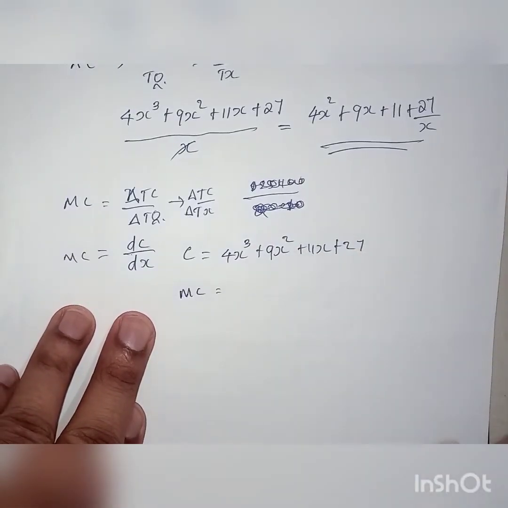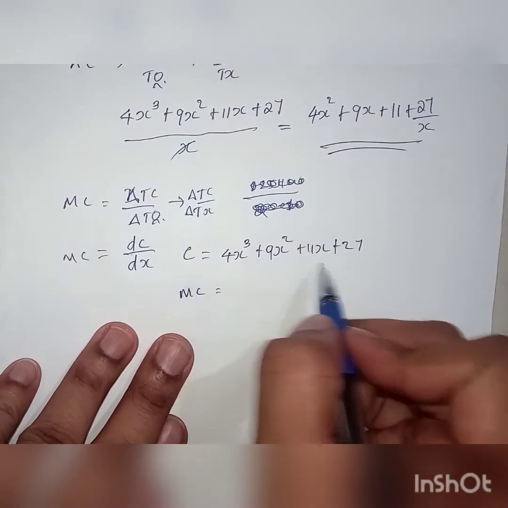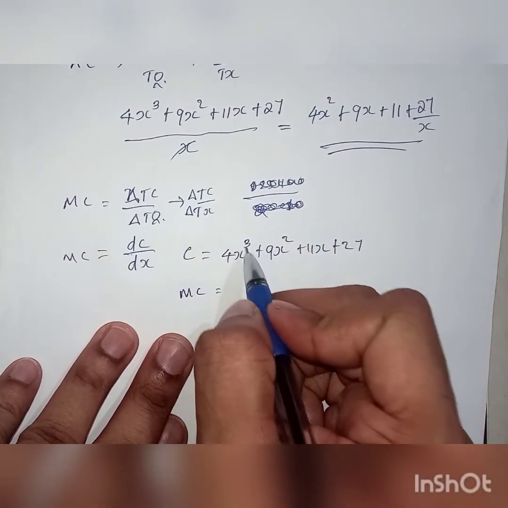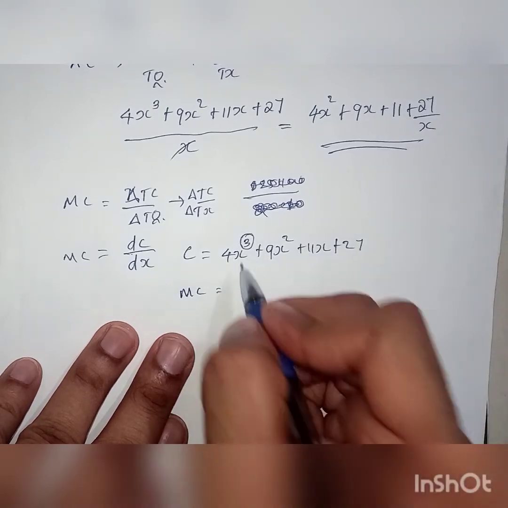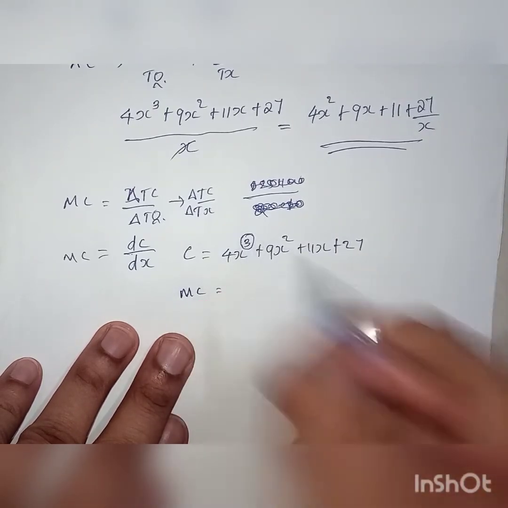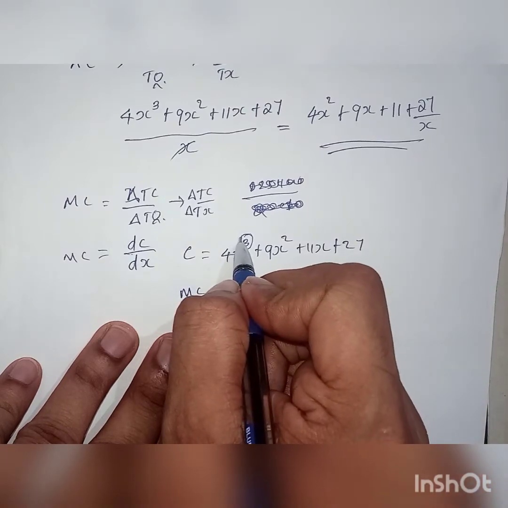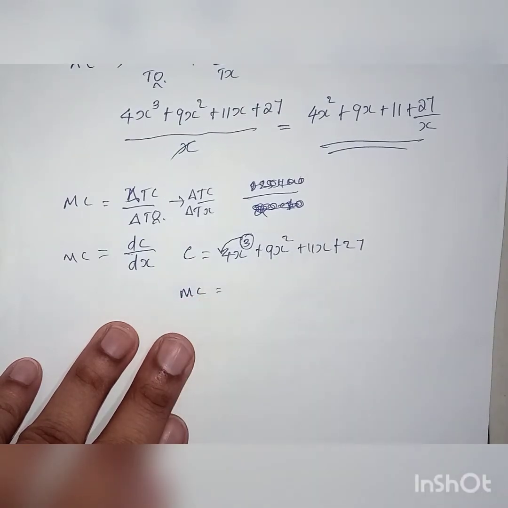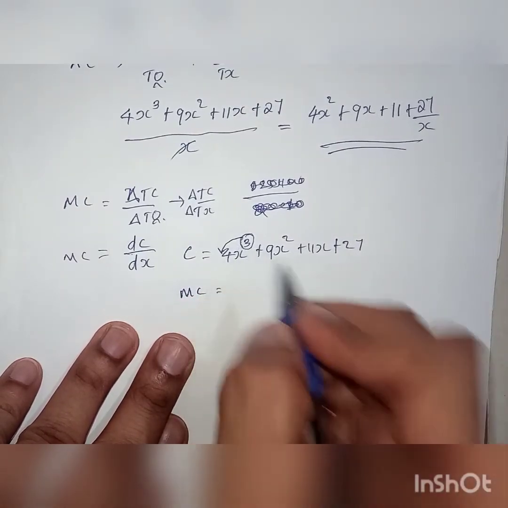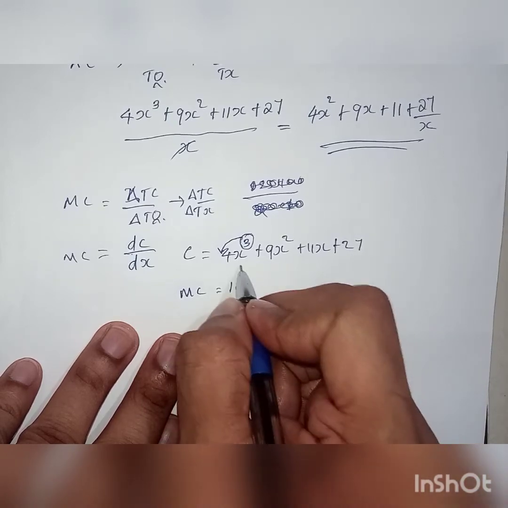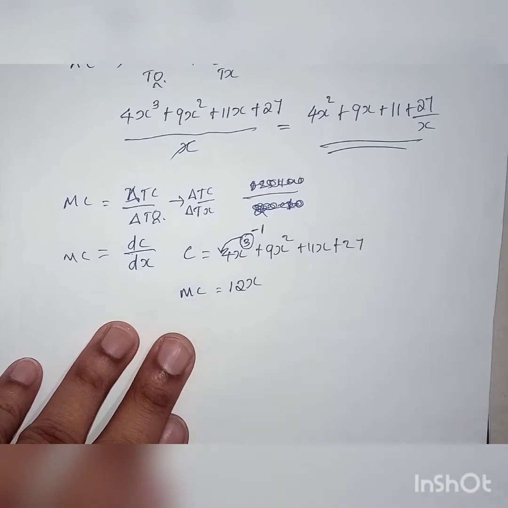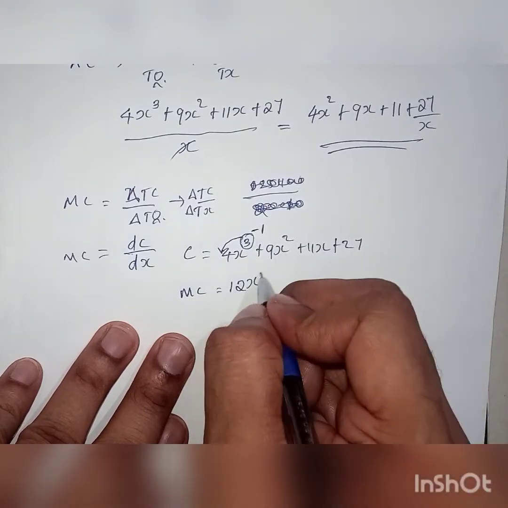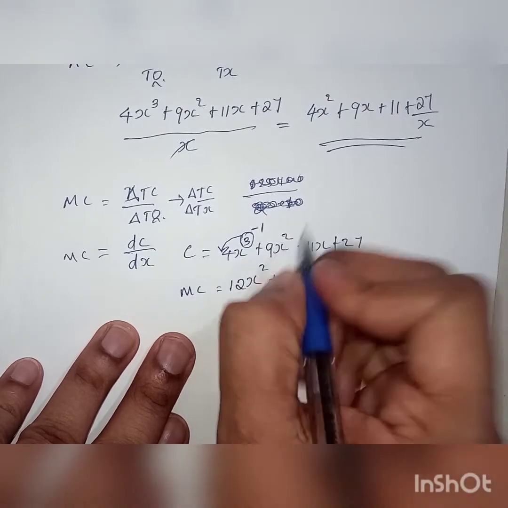With x you have a power. Here the power value is 3. You have to multiply this power with this coefficient. So 3 into 4, how much do you get? 12. Then x. Then you have to reduce 1 from the power, so 12x².